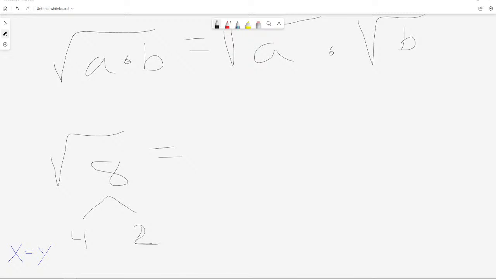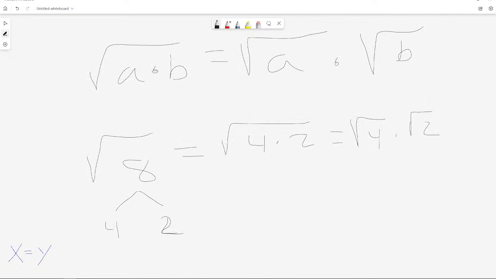Anyway, so we know the square root of 4 is going to be 2. The square root of 2 is broken down as far as we're going to get. So the square root of 8 is going to be 2 root 2.